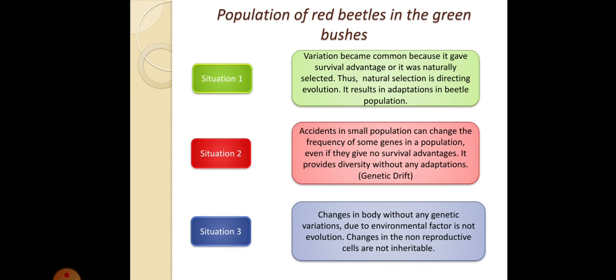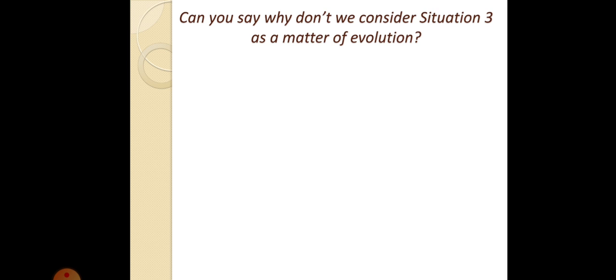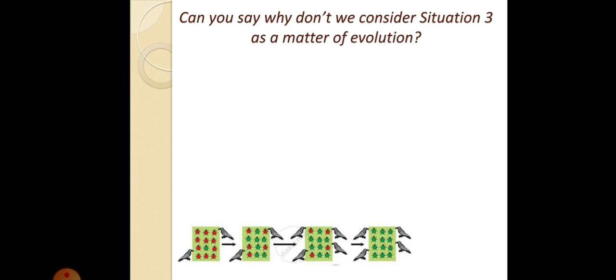The first situation was naturally selected and it provided survival advantage to the population, whereas in situation 2 there was variation but it wasn't naturally selected, it was by accident, and it did not provide any survival advantage, okay, clear. Now can you say why we don't consider situation 3 as a matter of evolution?